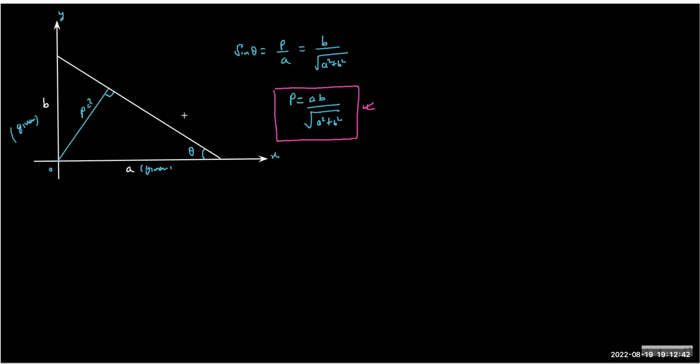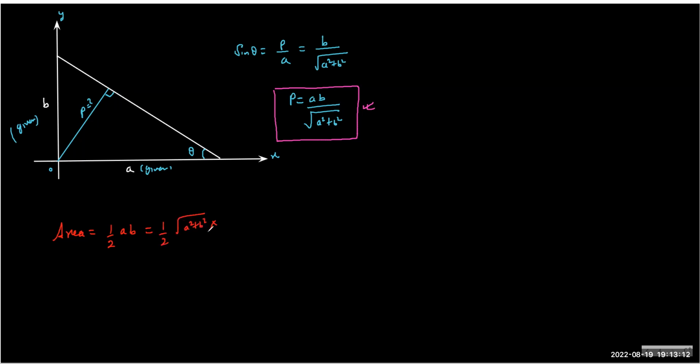So the perpendicular, there is a very interesting way of finding this answer. What is the area for a triangle? Area for triangle is how much? Half into base into height. Can we write like this? Half AB. Yes. But we can also take the hypotenuse as the base, which is under root of A square plus B square.